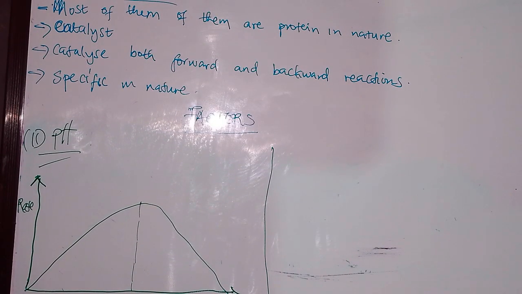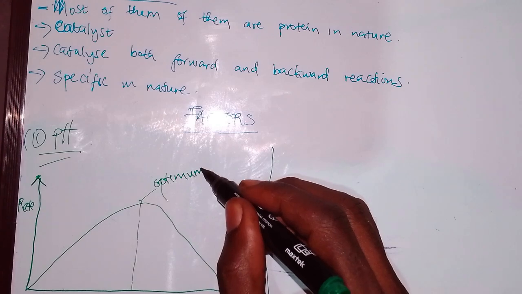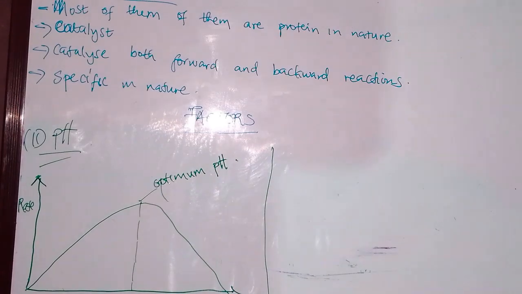The acidity and the basicity of a solution, whilst the temperature measures the what? The rate at which the reaction is moving. So again, we have the pH, and the pH also has an optimum pH. Yeah. Here the optimum pH, we are saying that this is the pH at which enzyme works the best.